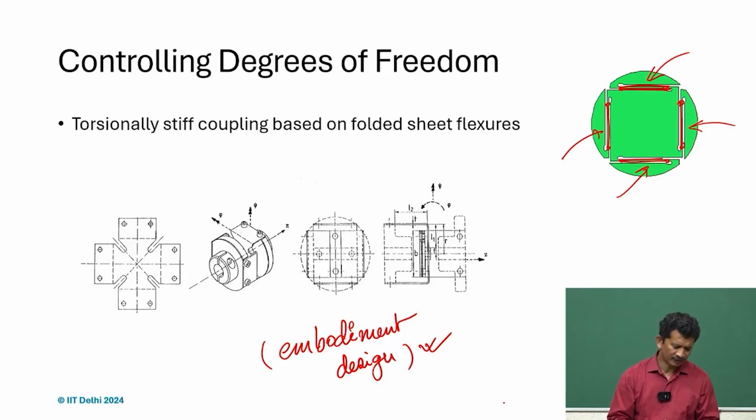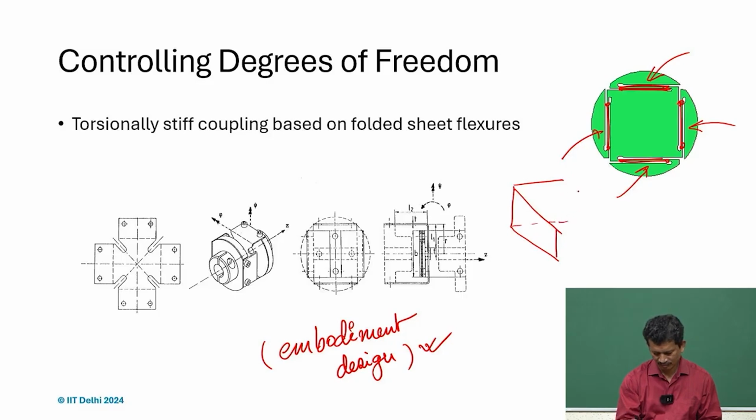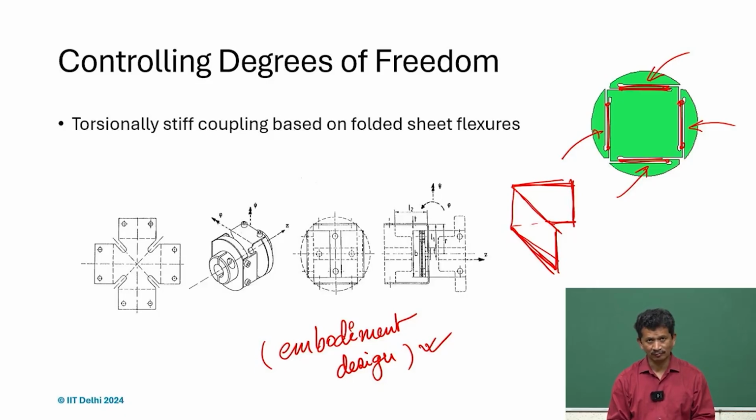Now, earlier we discussed, and when we cover flexure mechanisms, this is one kind of flexure we will be using very often in our designs, mainly because it is easy to use and it gives a very good way to constrain one translation.